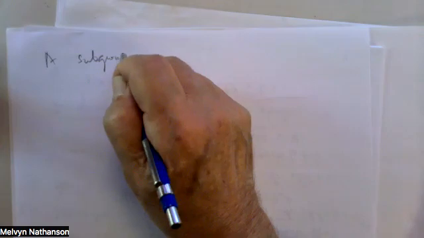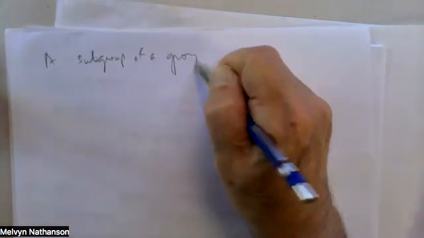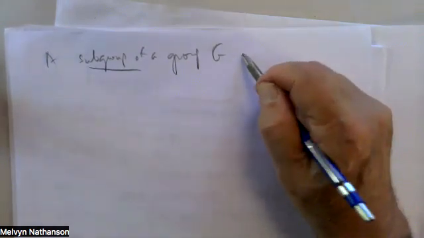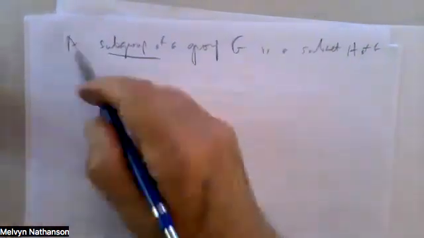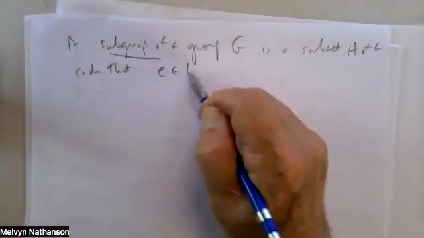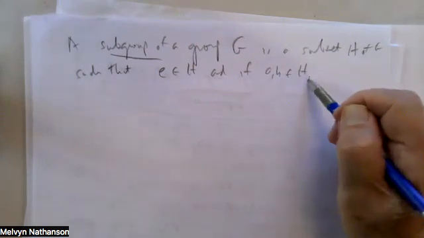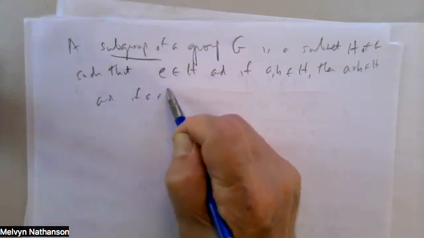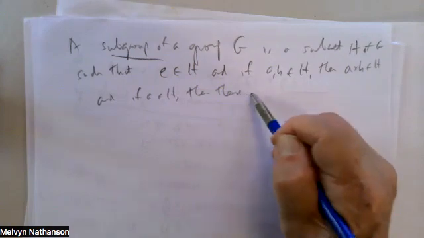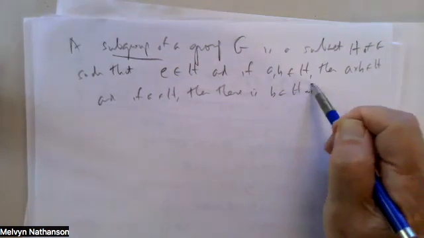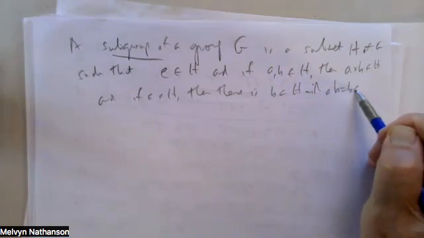So a subgroup of a group G is a subset H of G such that the identity of the group is in H, and if A and B are in H, then the product A times B is in H, and if A is in H, then there is the inverse B in H with A times B equals B times A equals the identity.